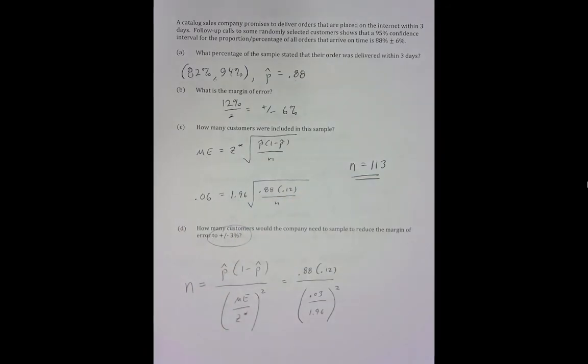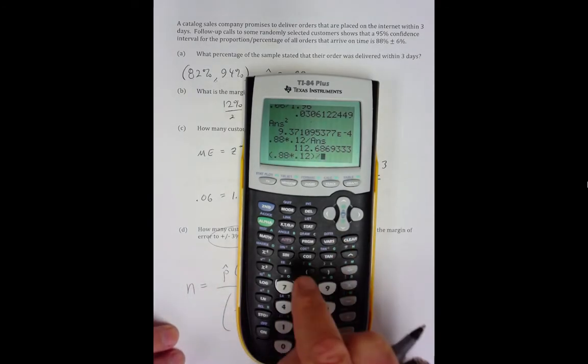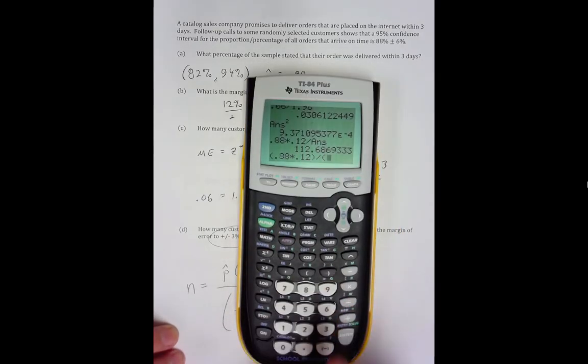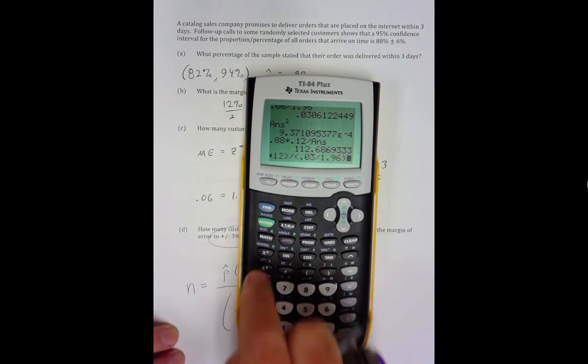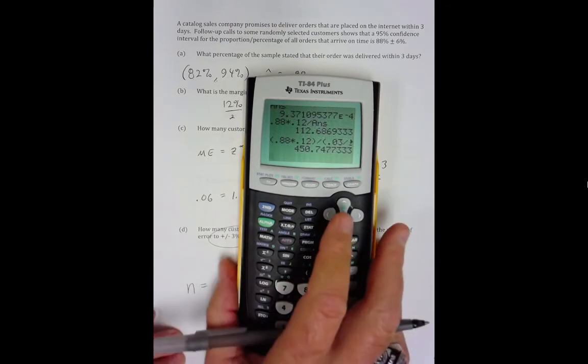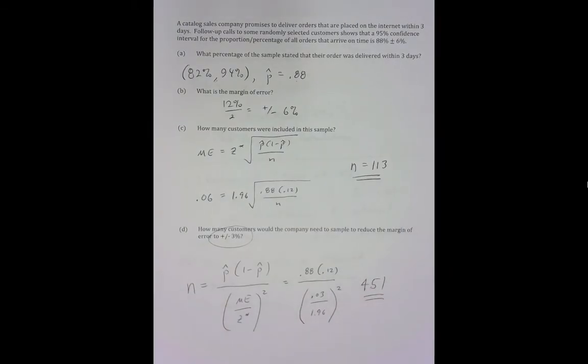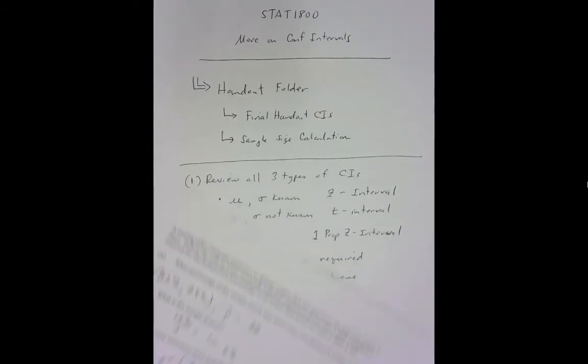So I'm going to put that in my calculator: left parenthesis, 0.88 times 0.12 divided by 0.03 divided by 1.96, quantity squared. So 451 people would be needed to reduce the margin of error from 6% to 3%.